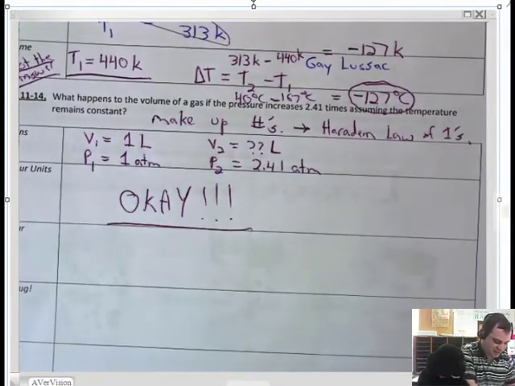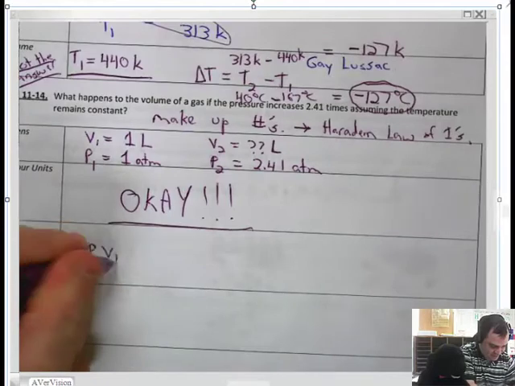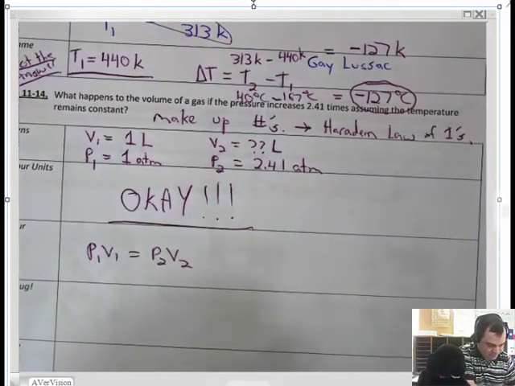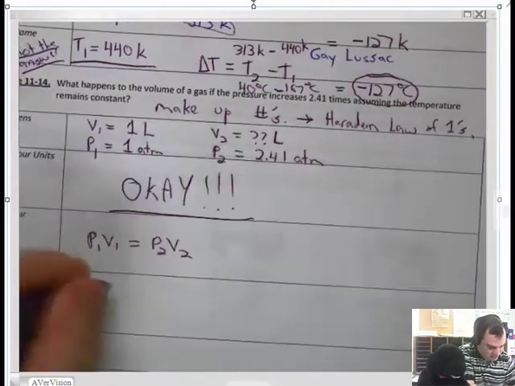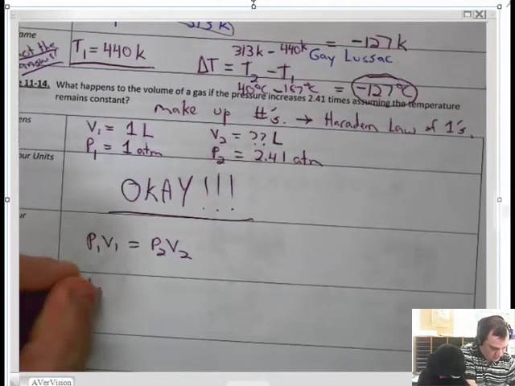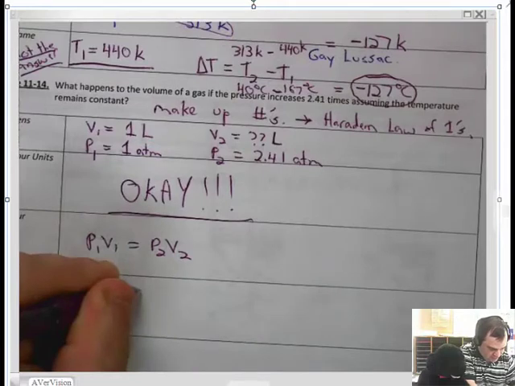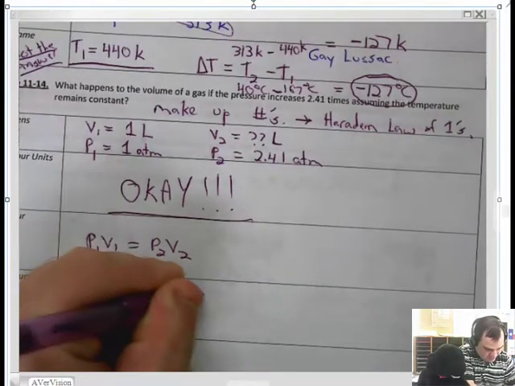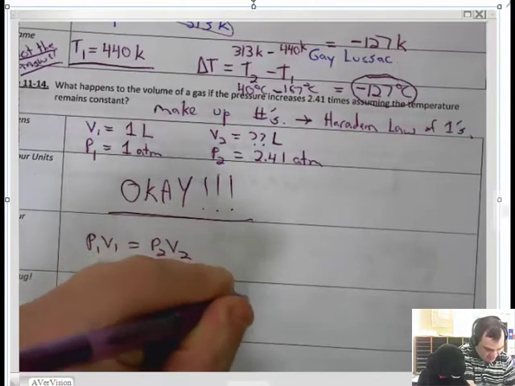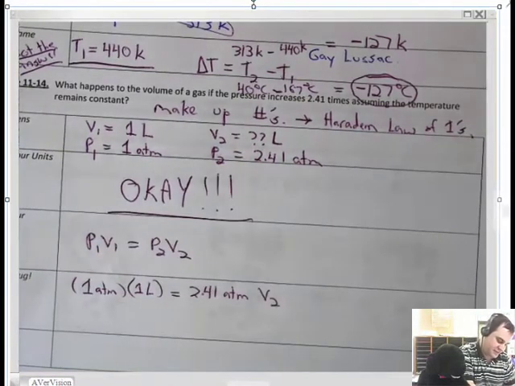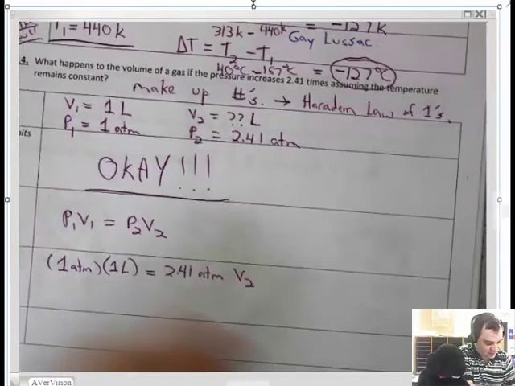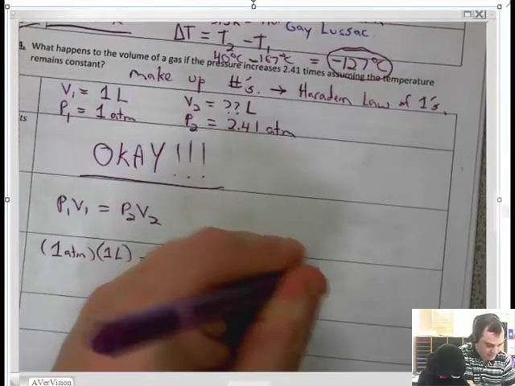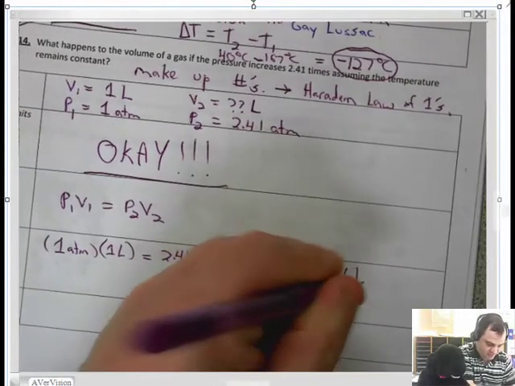Okay, we're going to write down our equation. P1 V1 equals P2 V2. We're going to use 1 atmosphere times 1 liter equals 2.41 atmospheres times V2. Remember, this is P1 V1 equals P2 V2, so if the pressure goes up, the volume should go down, correct?